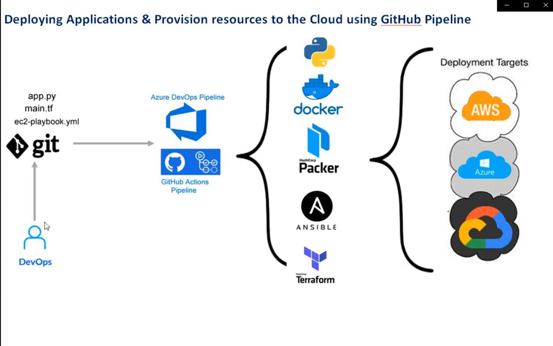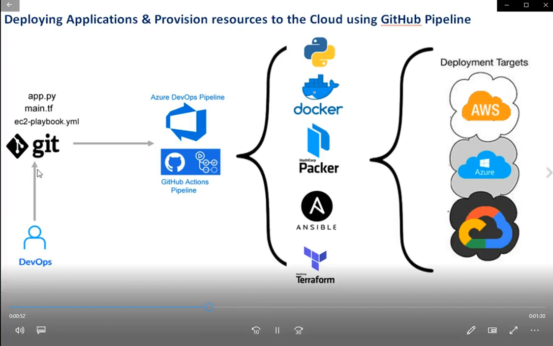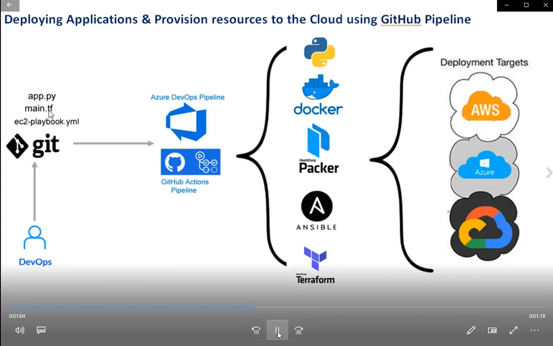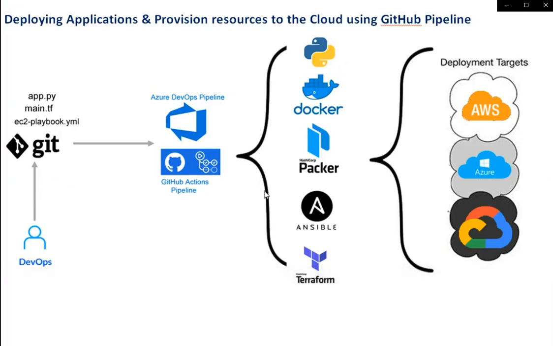So basically, we put our configuration files in Git, whether it's GitHub or GitLab or any type of Git. If we're deploying an application, let's say using Python, or using Terraform to provision resources to the cloud, or using an Ansible playbook, we can use any of these products via the pipeline.